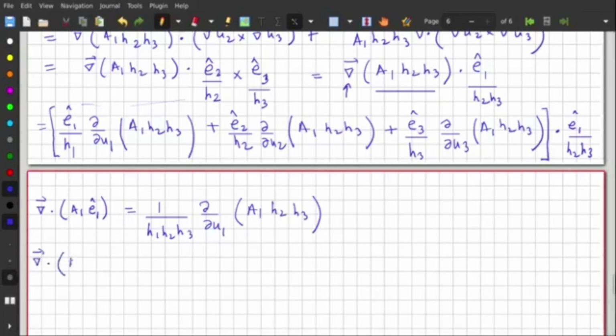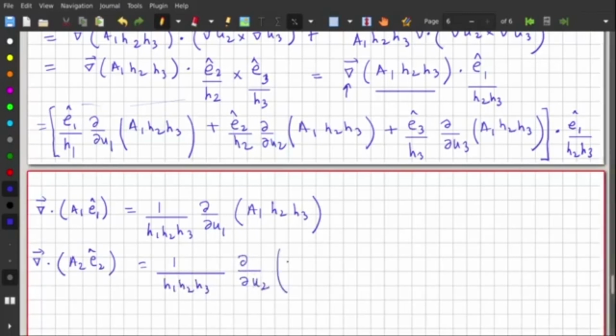So let's say you have A2 E2, and just using the cyclic nature of things we can write 1 over H1 H2 H3, partial U2 of A2, and you see the cycle 1 2 3, so this will have the cycle 2 3 1, H3 H1.